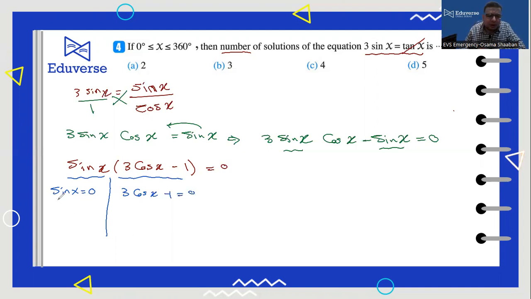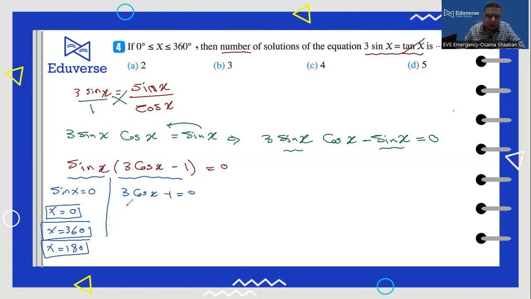That means when sine x equals 0, you will get x equals 0, or 360, or 180, on the x-axis. So here you have three solutions: x equals 0, x equals 360, x equals 180.